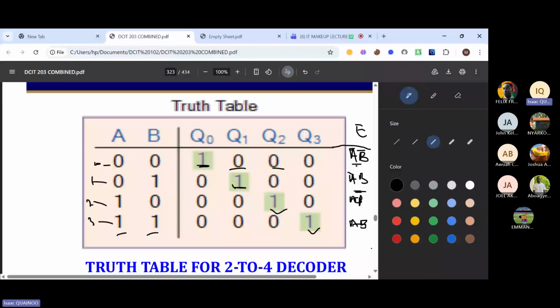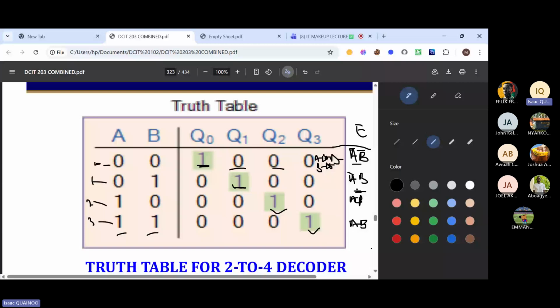So we can see that Q0 is A prime and B prime, right? So we are going to use an AND gate to implement this, and then this is A NOT, right? So we use an inverter right here, which is a NOT gate for our A, and then another NOT gate for our B, and then we have A and then B right here. All right.